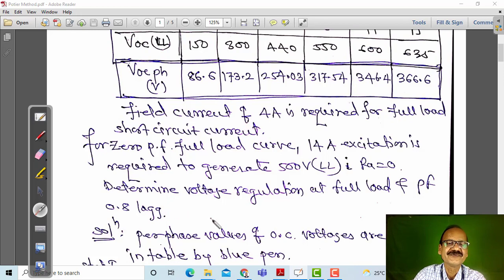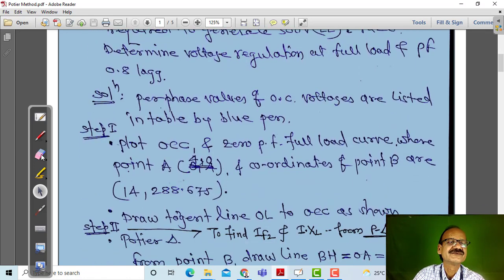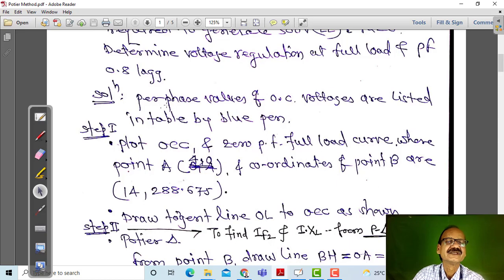The per phase values of open circuit voltages have been obtained and tabulated in the last row. Step 1 is to plot the OCC and the 0 power factor full load curve, where point A for full load 0 power factor is 4, 0 and the coordinates of point B are 14, 288.675.